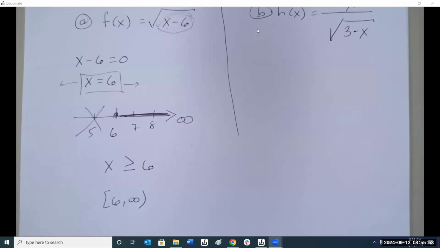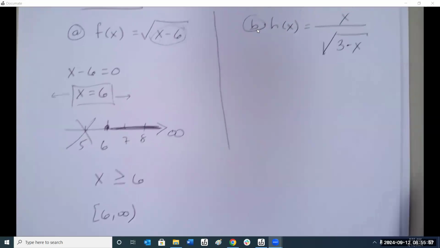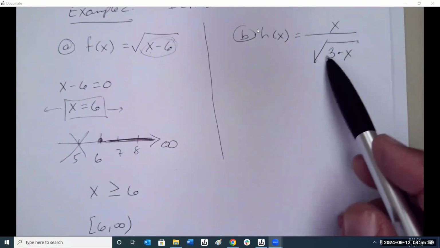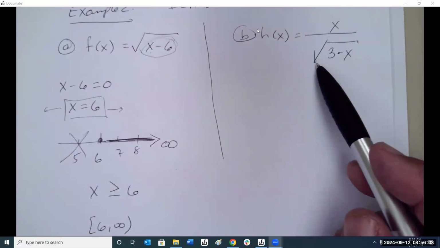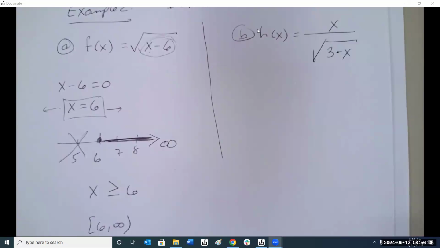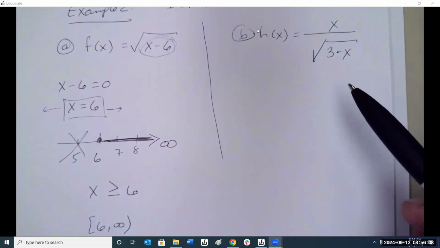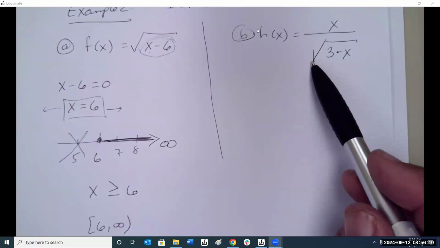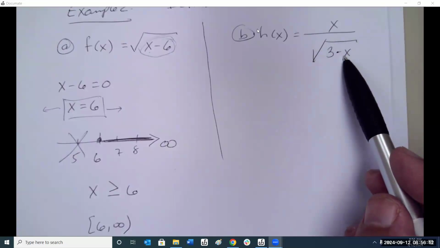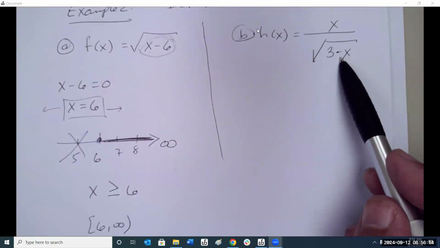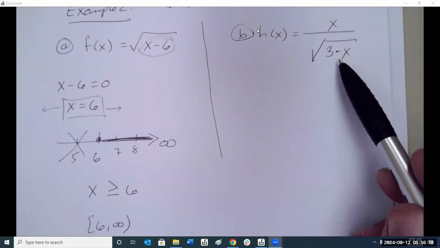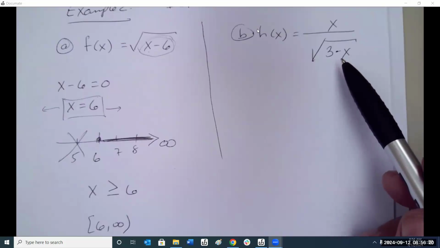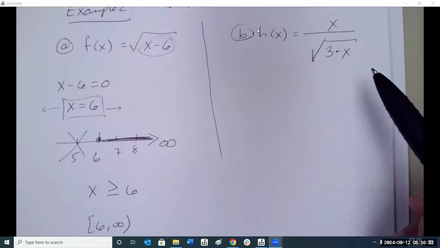How about B? Now we have 2 sets of rules. On B, we have a rational expression with a radical on the bottom. So first off, what's the rule about radicals? They can't be negative. So the smallest they can become is 0. But what's the rule about fractions? You cannot have 0 at the bottom.